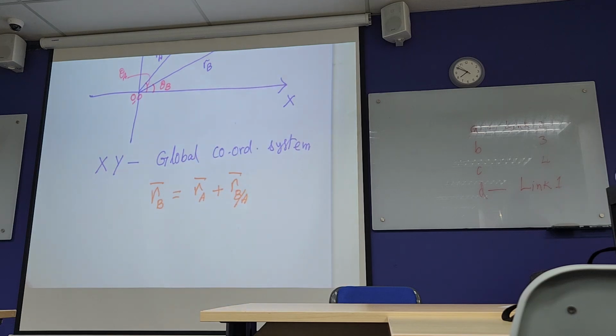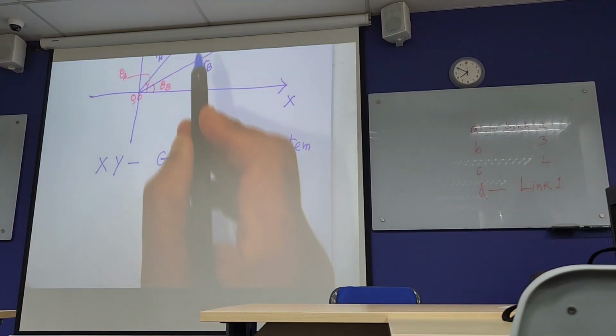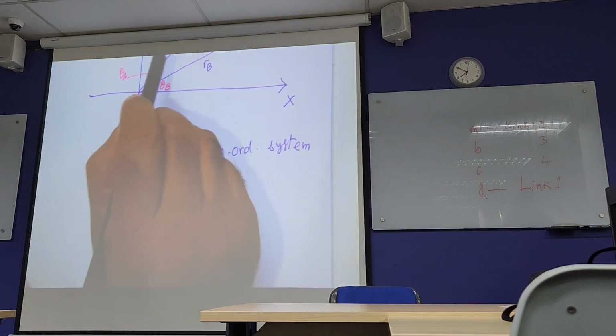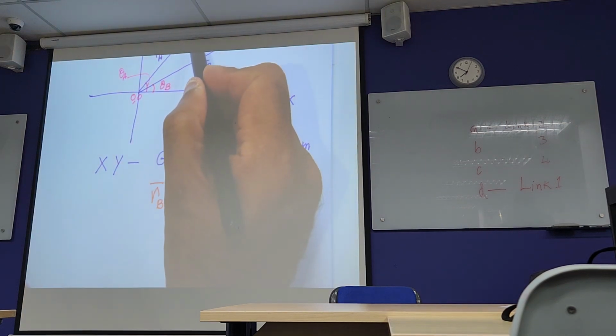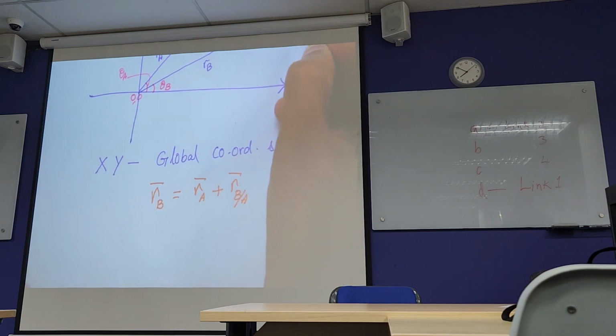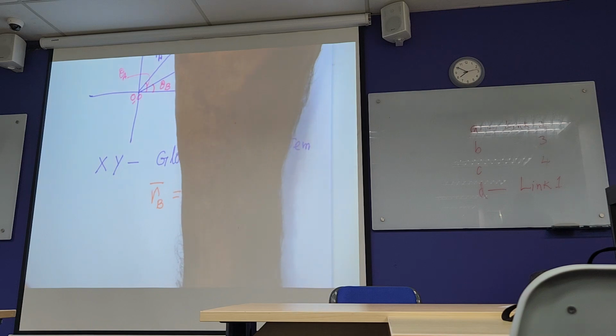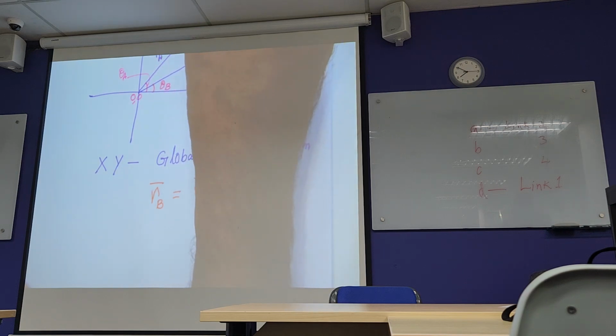So what we can do is, now I'm having a local coordinate axis. My global coordinate axis is fixed. Now I draw a local coordinate axis, which is parallel to the global coordinate axis x, and similarly, y is parallel to the global coordinate axis y.